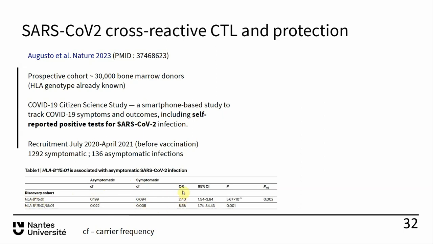So this was an odds ratio of 2.4, highly significant. Now, why was this happening? What was the physiological basis of this? So HLA-B15, the authors reasoned that this HLA class 1 molecule will be presenting some kind of particular peptide from SARS-CoV-2.